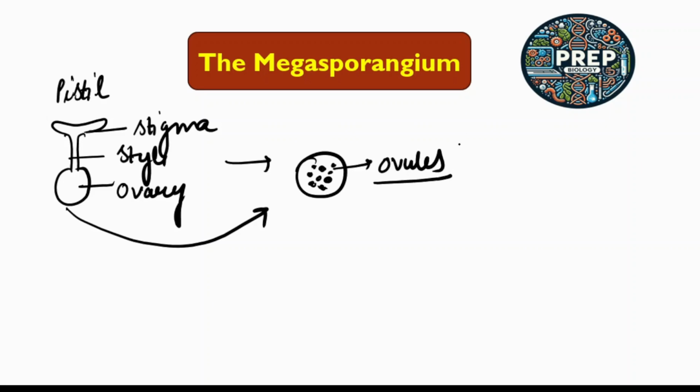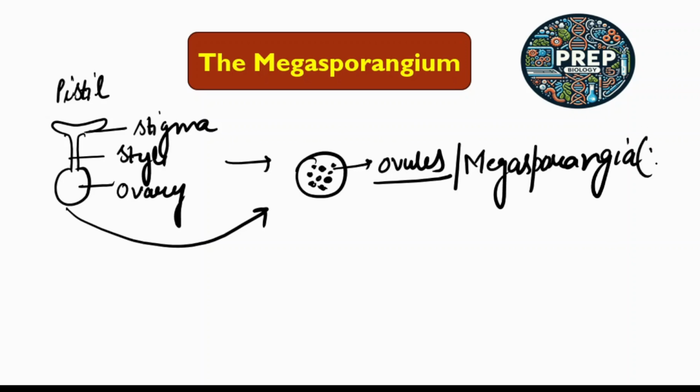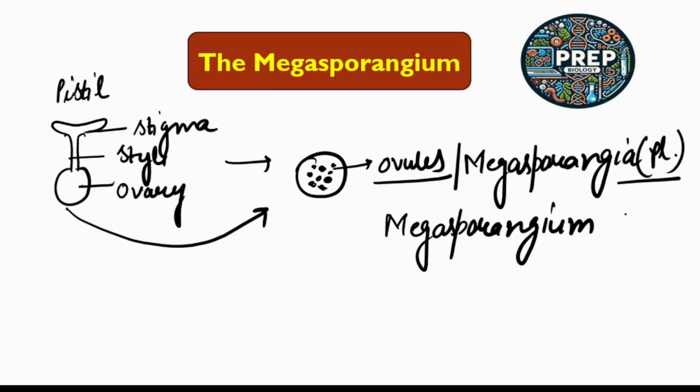So, ovules are also called megasporangia. The term megasporangia we use for multiple ovules, that is the plural term, and megasporangium we use for a single ovule, that is the singular term.